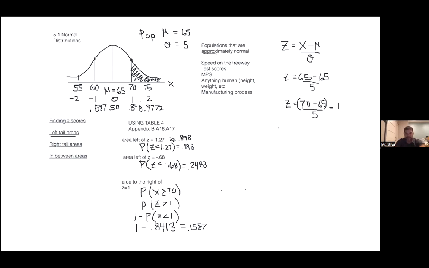Hopefully you have a calculator or a calculator app. If you didn't have one by now, you get one. So on the calculator, we're going to use a function called Normalcdf. We're going to enter a lower bound, an upper bound, a mean, and a standard deviation.